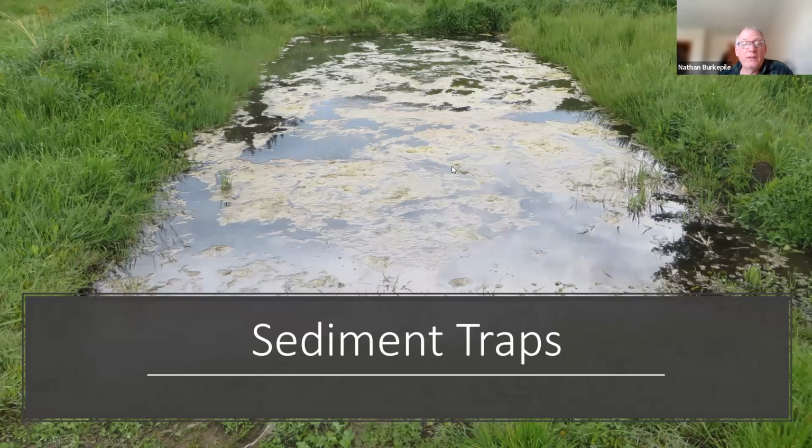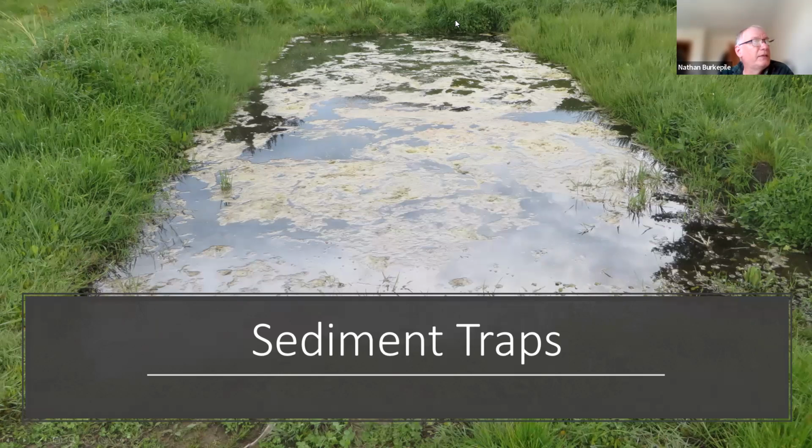When you're dealing with wetlands and nutrients, I always put sediment traps in, just to protect your wetland, because if you've got sediment coming off your land into your wetland, it reduces its ability to remove nutrients, and you end up with a dry piece of land if you've got too much sediment coming in. So sediment traps are always good designs.